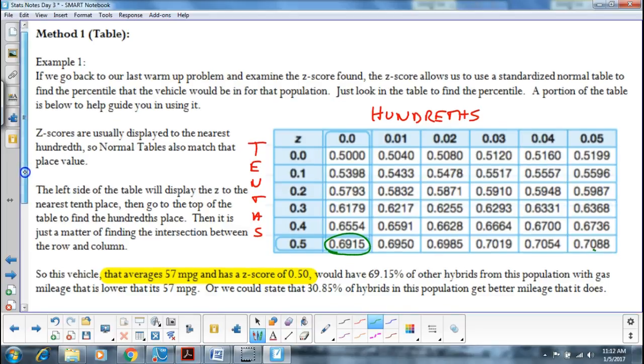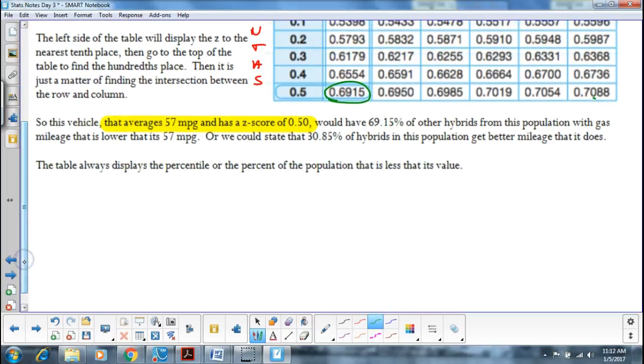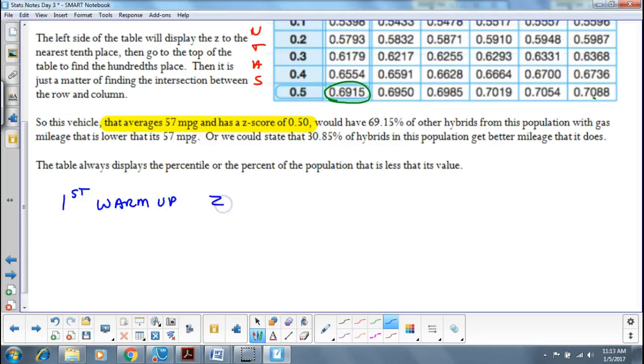So, based off of that, let's go back to the first example, the first warm-up. It had a Z-score of negative 1.50. Correct? Okay?